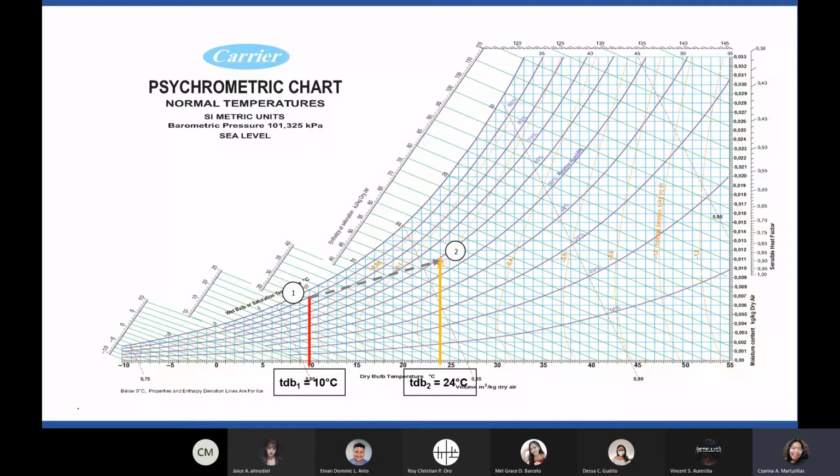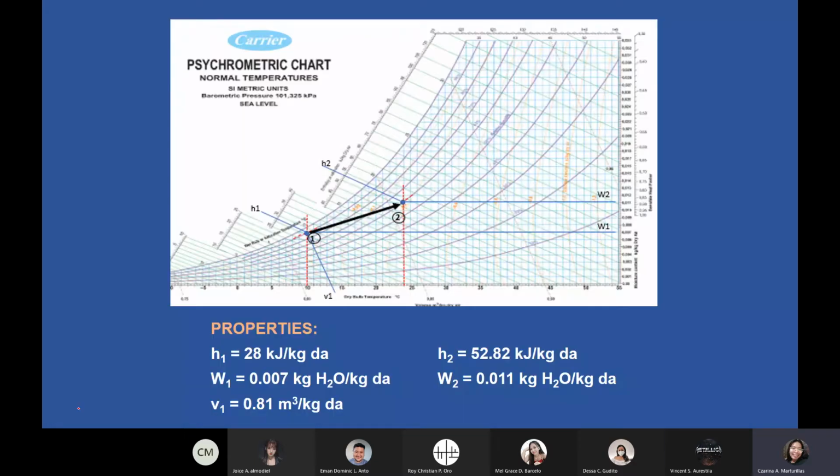Now identify the properties. Same as before, we get the enthalpy, specific humidity, and volume flow rate for the first condition of the air. For the second condition, we don't need the specific volume.